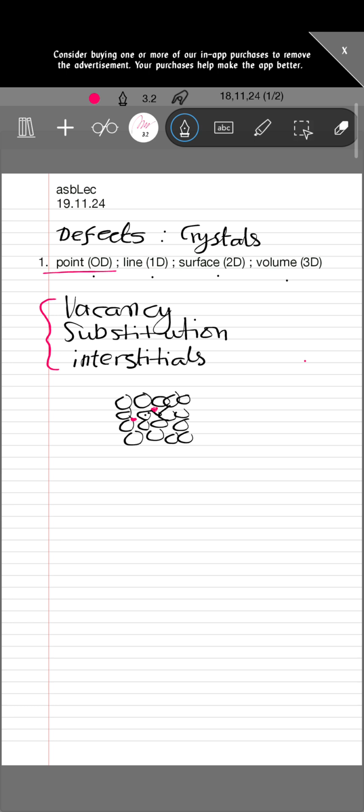However, there are crystals which are ionic solids. Mostly ceramics, where there are two types of ions. One is cation and one is anion.